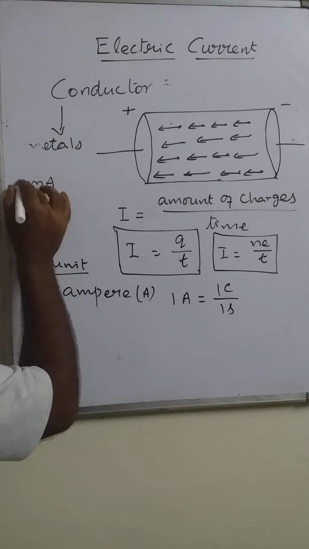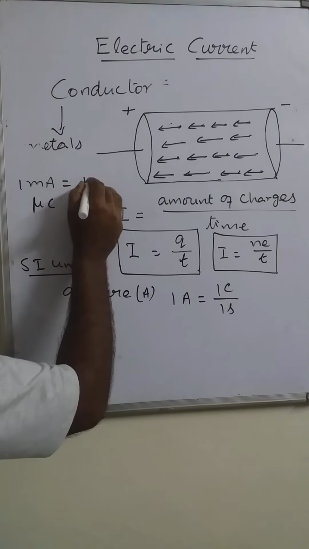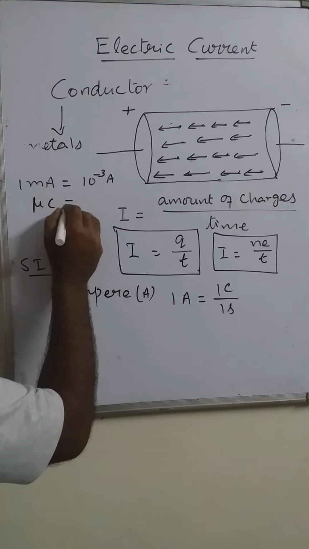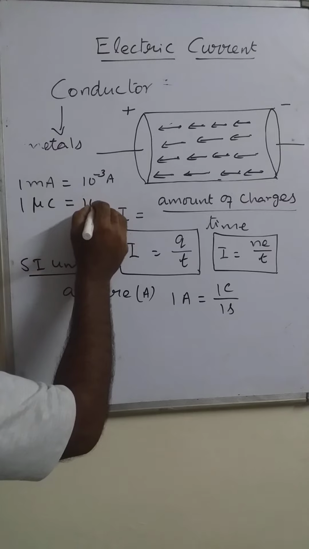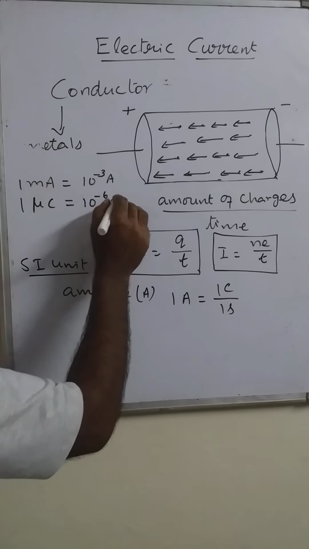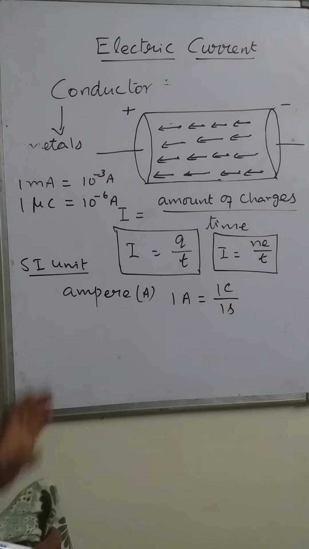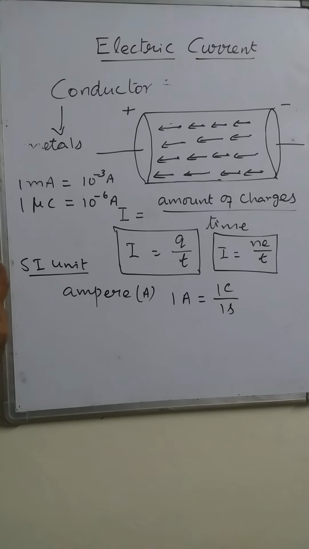So 1 milliampere is equal to 10 to the power minus 3 ampere. 1 microampere is equal to 10 to the power minus 6 ampere. These are the small units of current. These units are also used for some purposes, right? So this is the basic thing about electric current.